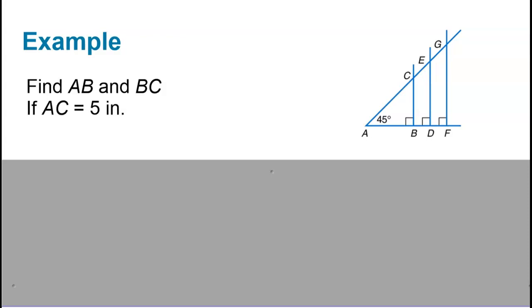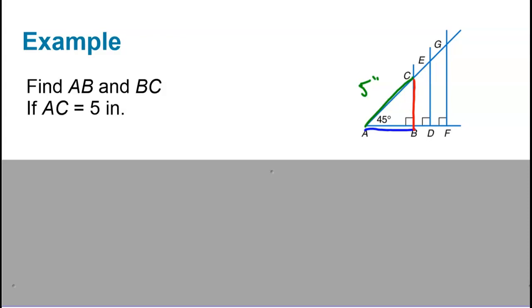Okay, looking at the rules and understanding what they're looking for, they want you to find AB, which is a side, and they want you to find BC, which is a side, and they give you that AC is 5 inches.